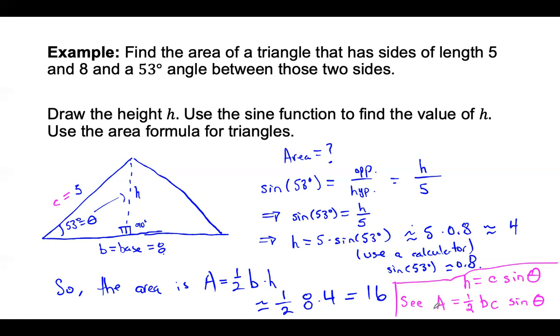So if you have one side and the other side and the angle, you can derive it using trig the long way, or you could see that it's a half times this base times this side times the sine of that angle. It's the same thing. It's just kind of interesting that you have a nice formula to derive it.